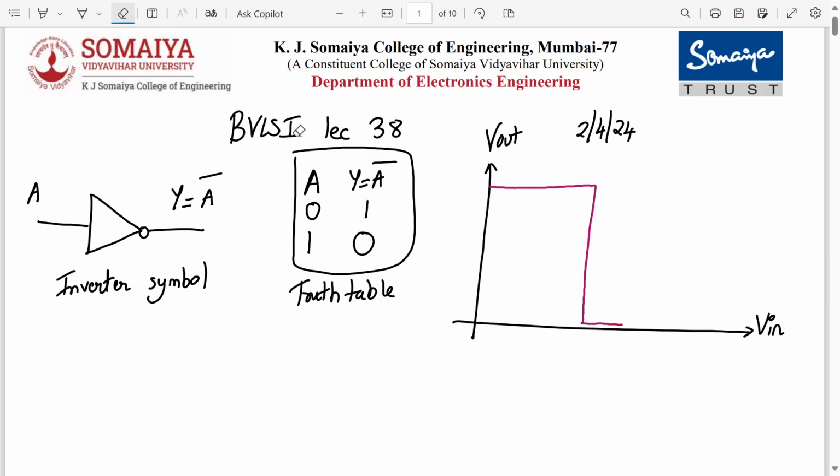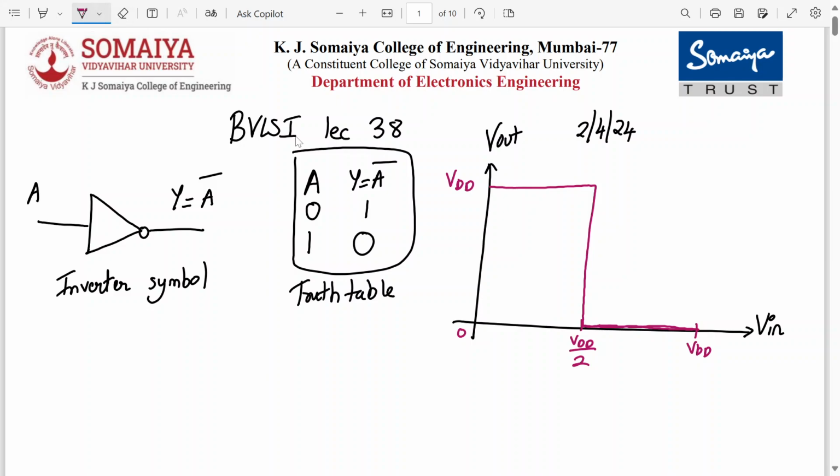It will touch almost 0. It will be a line parallel to the x-axis. Here, this is VDD. This should ideally be VDD by 2. What do we interpret from here? This is VDD. This is 0.